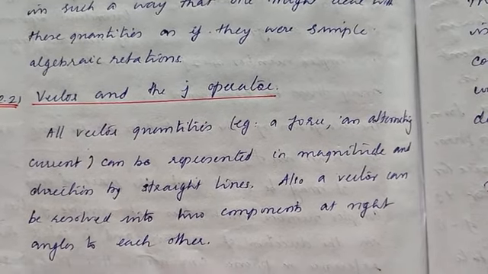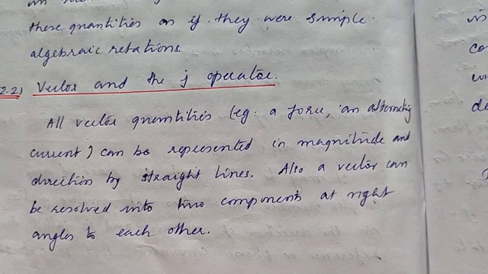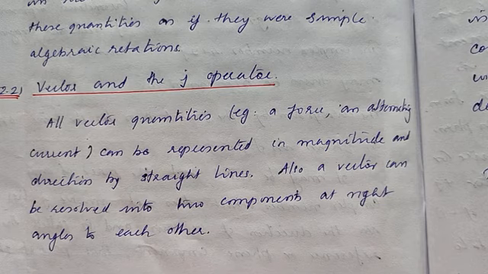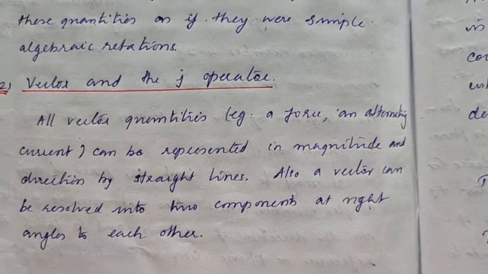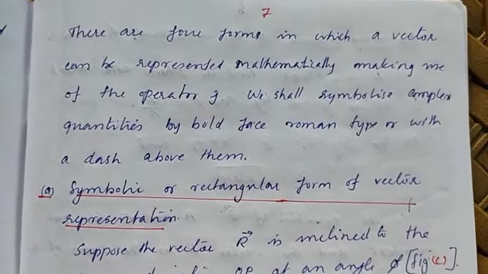This is the usual procedure of representing a vector. Also, a vector can be resolved into two components at right angles to each other. That is also something we know.